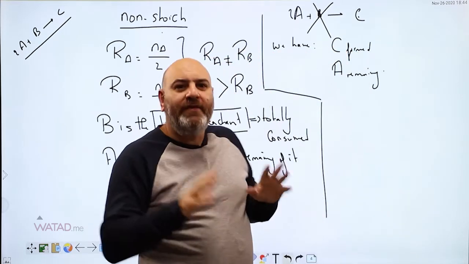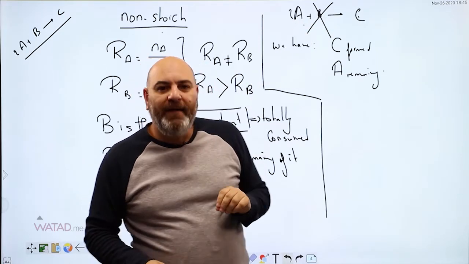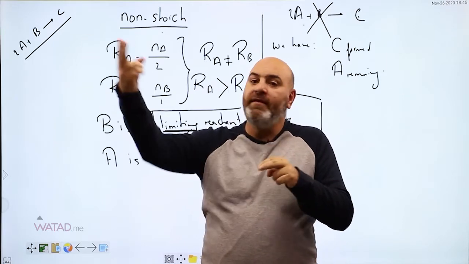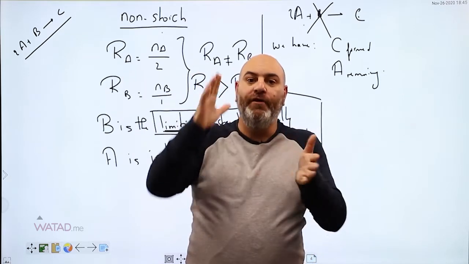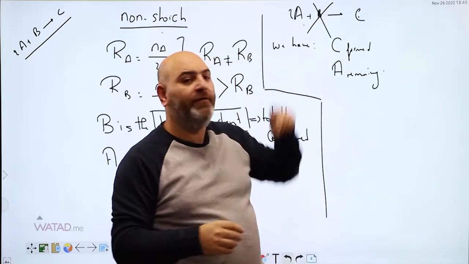Let me introduce this fact. What is the meaning of 2A plus B? It means that the proportionality of the collision between these reactants to give product is according to this coefficient.